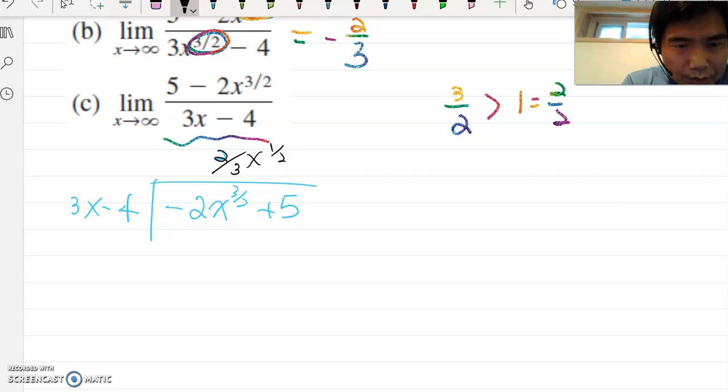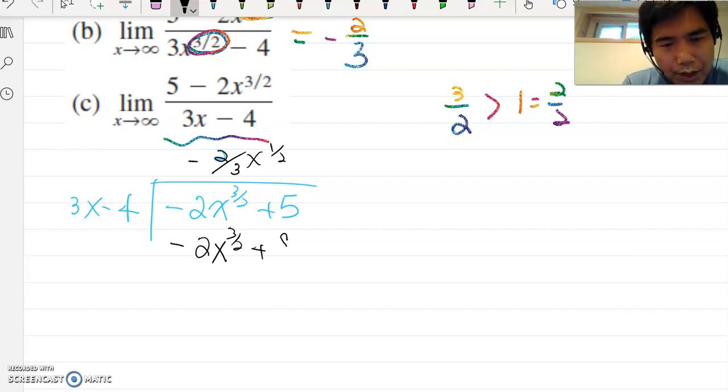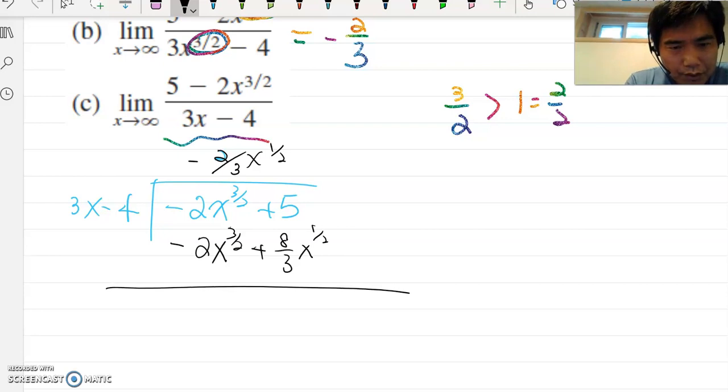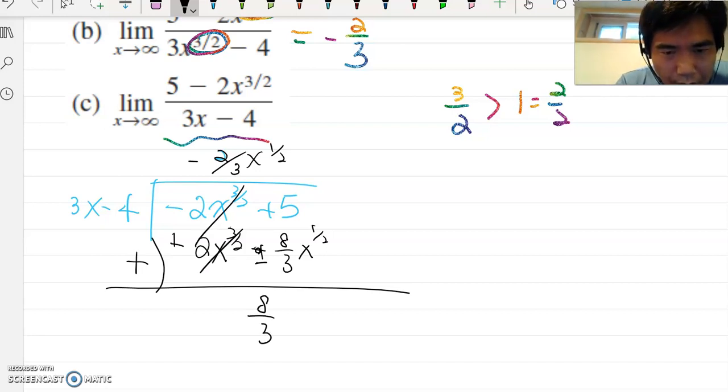Then this becomes negative 2x to the 3 over 2, and then plus 8 over 3 x to the 1 over 2. Okay, then if you just subtract, which means change the signs, then this is gone, so it becomes 8 over 3 x to the 1 over 2 plus 5 here.